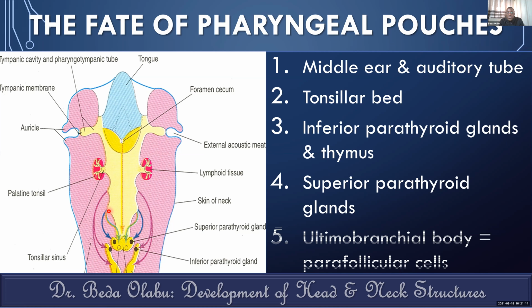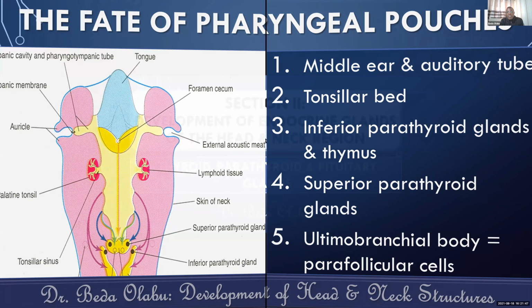The tissues of the ultimobranchial body contribute to the formation of the parafollicular cells of the thyroid gland. The parafollicular cells of the thyroid gland are the calcitonin secreting cells of the thyroid gland. Okay, so basically, these are the derivatives of the pharyngeal pouches.